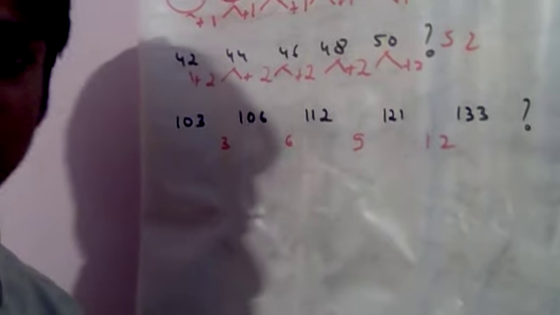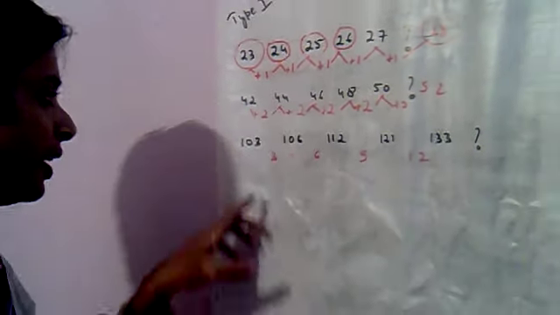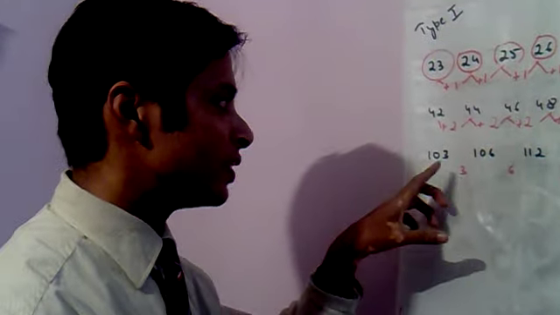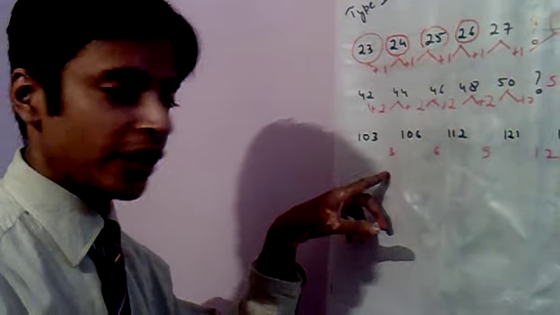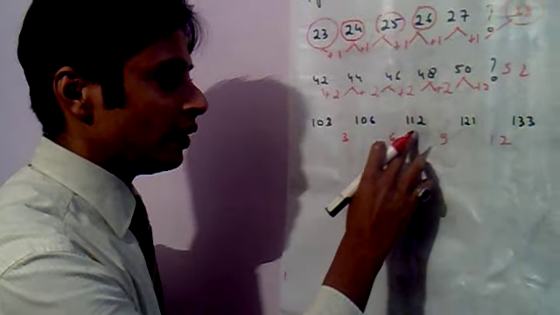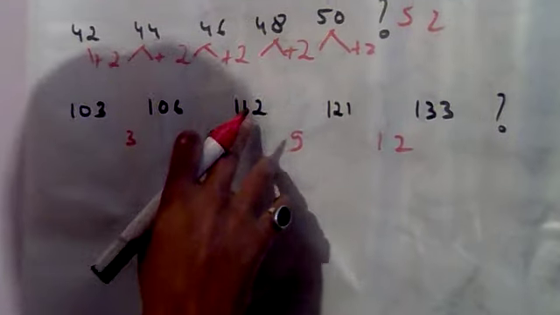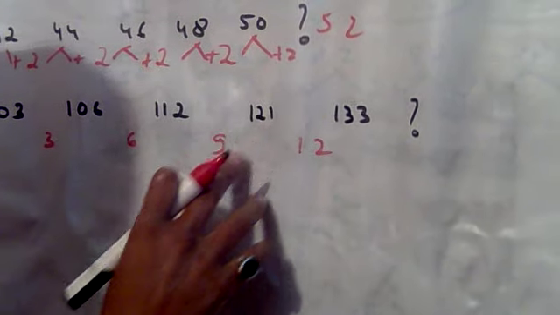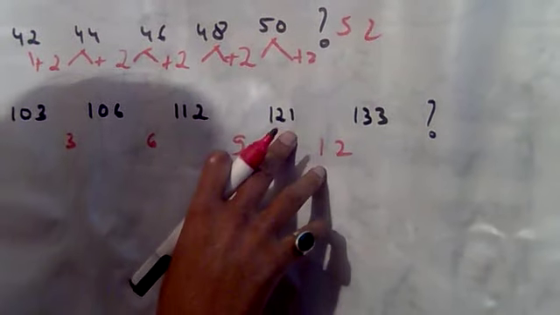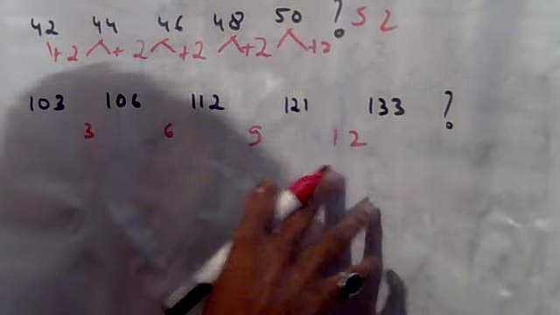Okay friends, now can you see the pattern in this question? This is a very interesting question. Here 103 and 106 have a difference of 3. 106 and 112 have a difference of 6. 112 and 121 have a difference of 9. 121 and 133 have a difference of 12.